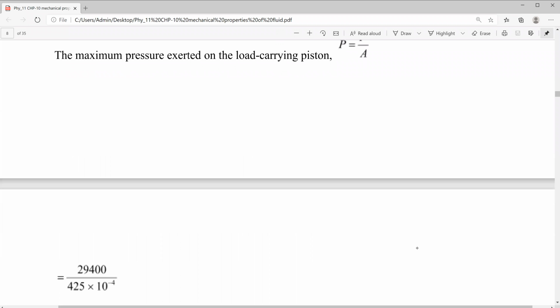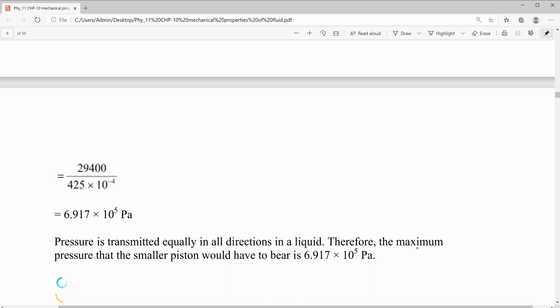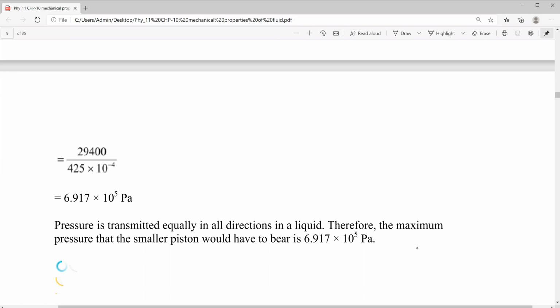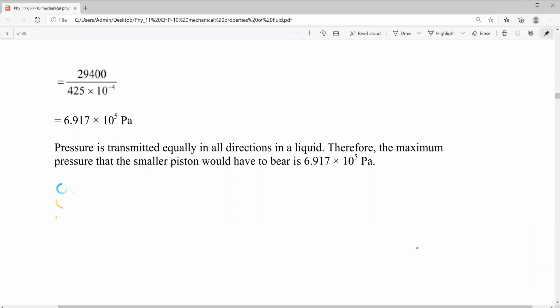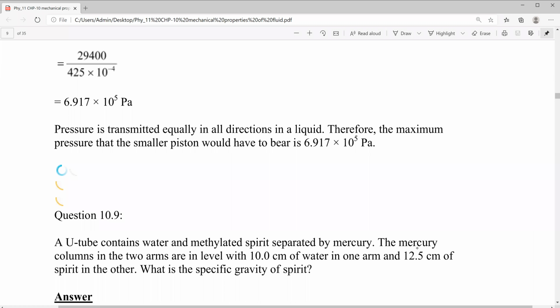So here, the pressure we got is 29,400 divided by 425 × 10^-4.